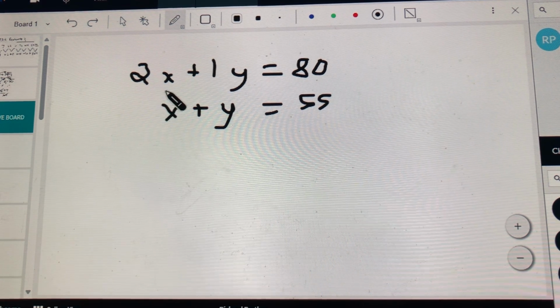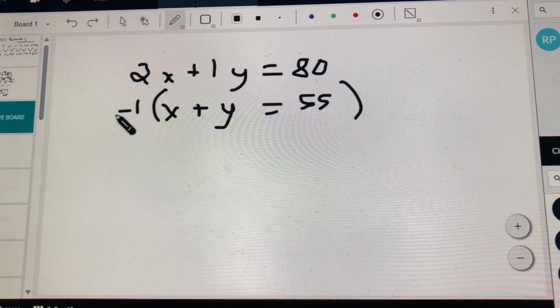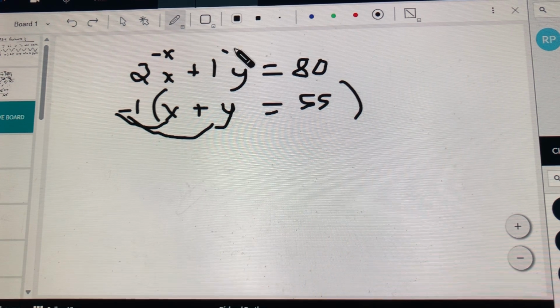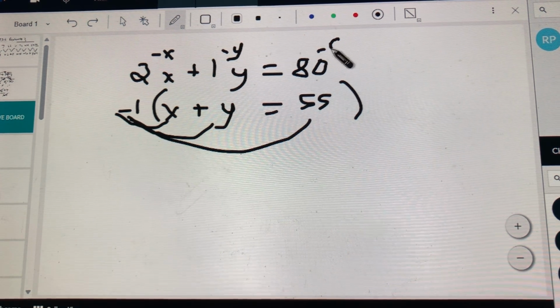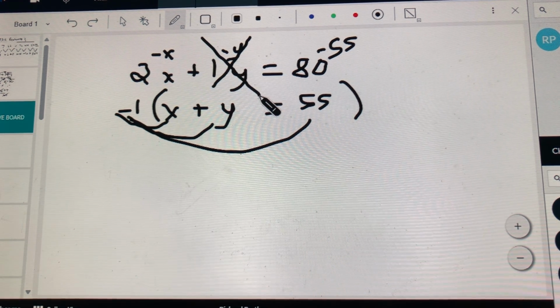And then if we multiply one of these equations by -1 and get negative X, negative Y, and negative 55, then what happens is one of the variables cancels out. These Y's are going to cancel out because 1Y minus 1Y is 0Y.